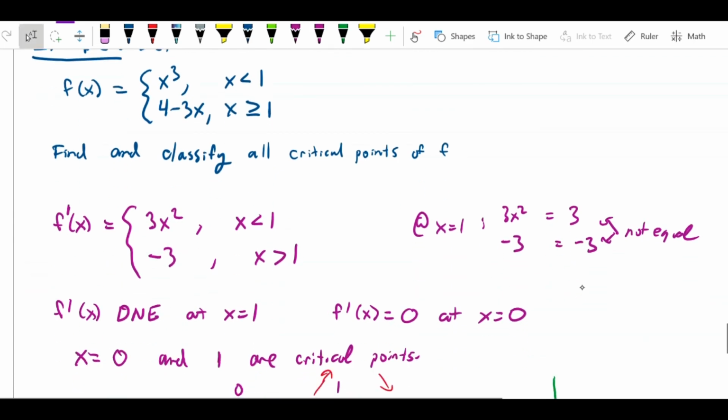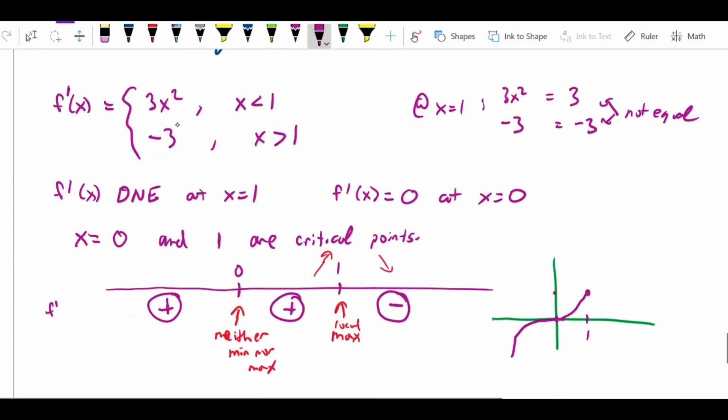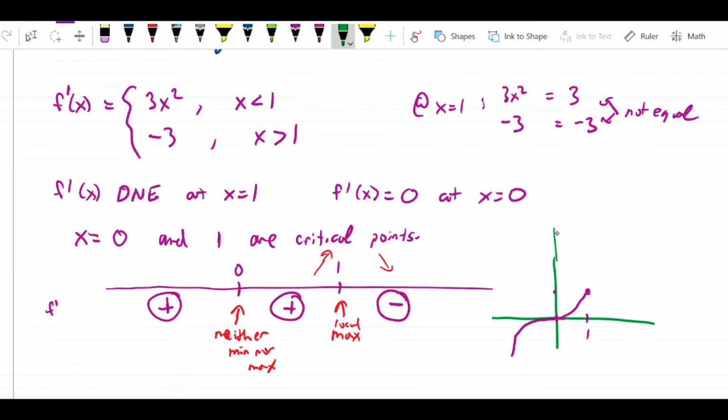And then it becomes 4 minus 3x, which means that the function starts way up there, it comes down, and finally the function just becomes that line. So you can see that there's actually a corner here where clearly the function is not differentiable, because we know that that's what points of non-differentiability look like.